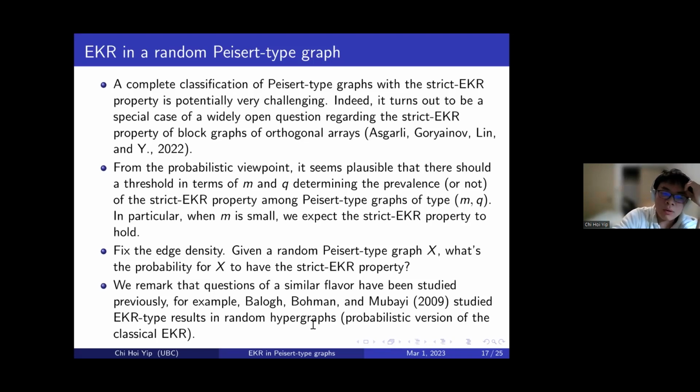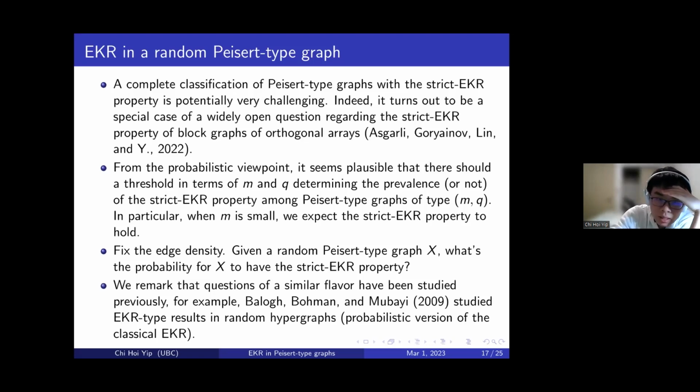So basically, there we are taking random subgraphs of the Kneser graphs, and then we still try to understand what those maximum independent sets are, and whether those maximum independent sets still come from the canonical construction. And this was first studied by Balogh, Bohman, Mubayi around 15 years ago.